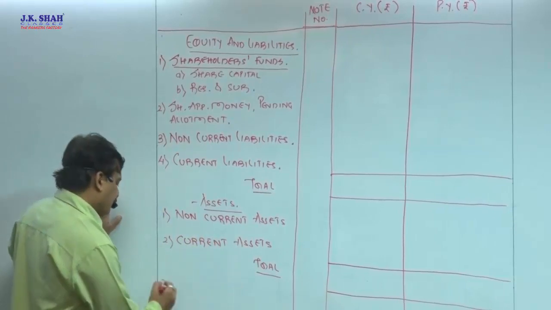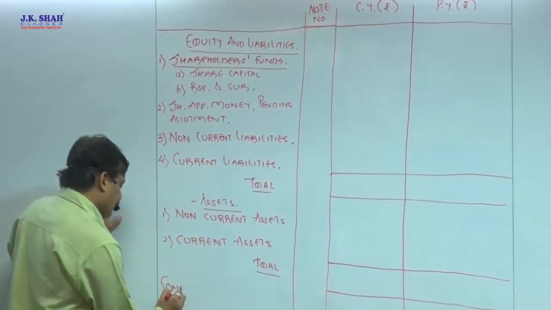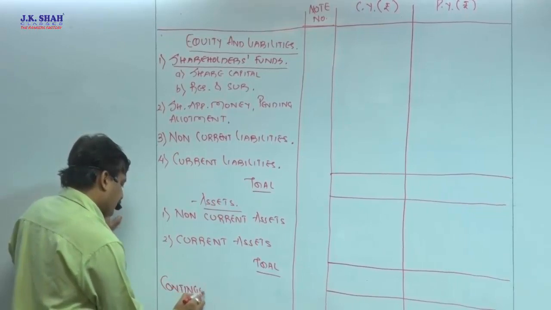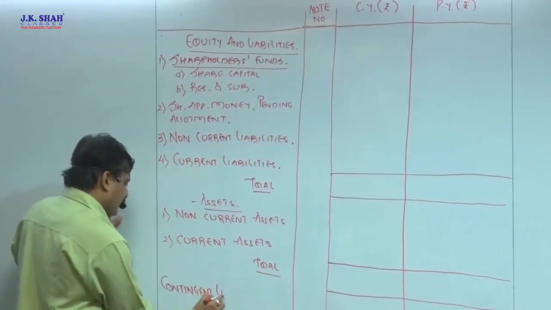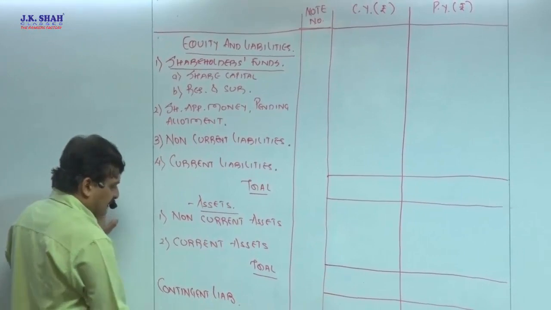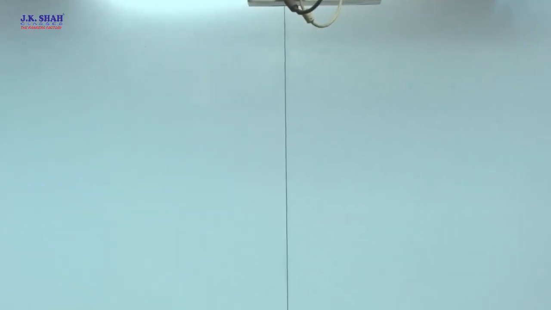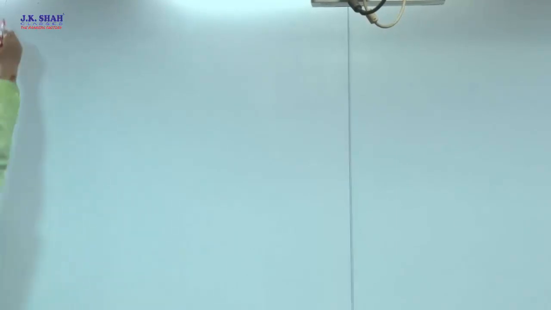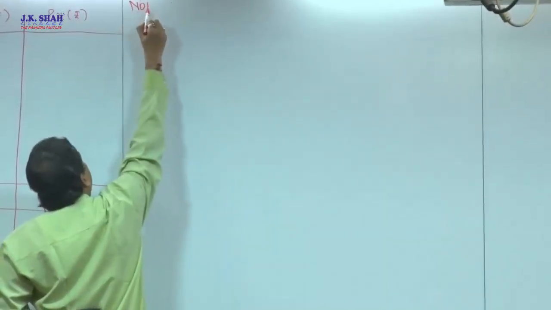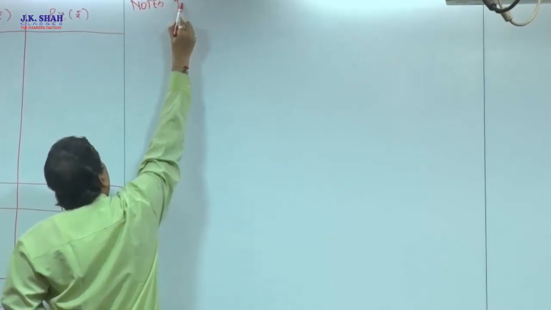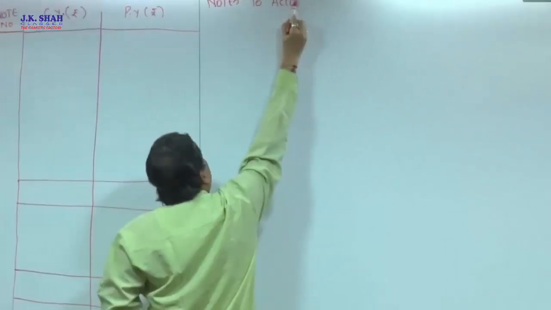And below balance sheet, you know it very well, what we used to write. Contingent liabilities. So this thing you can call it as a brief format of yours. The attachment are the notes. So notes will be attached to follow this. We will call them as notes to accounts.